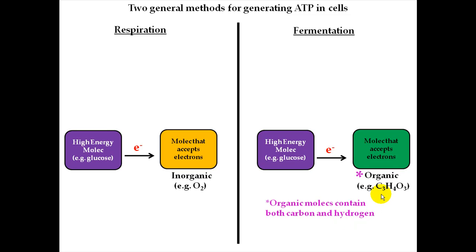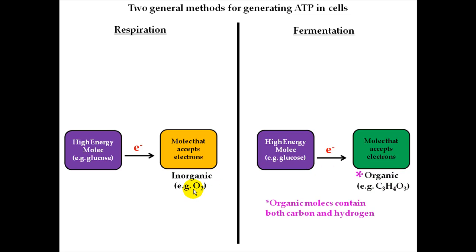And so that's the thing that defines the difference between respiration and fermentation, is that the molecule that's used as the electron acceptor is different. It turns out that inorganic things like oxygen have stronger electronegativities as compared to things that are used by fermenting cells as their electron acceptor, like pyruvate.